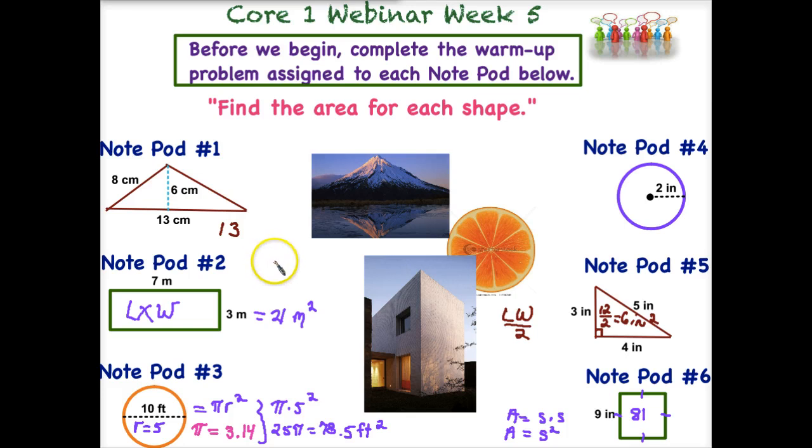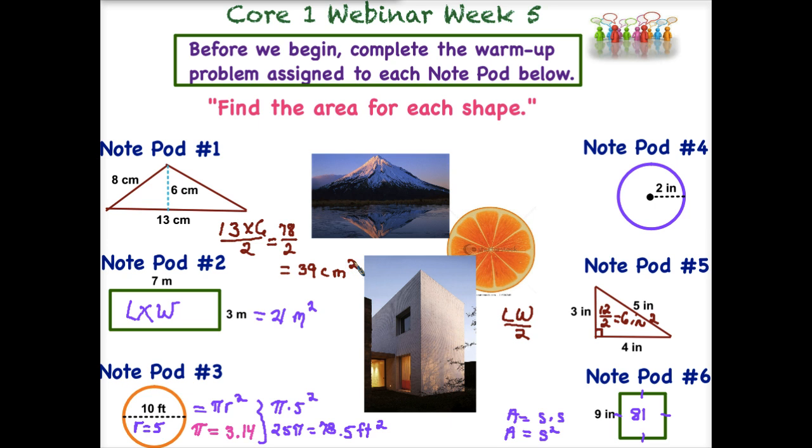Okay, so we would use 6, so we'll just finish this out. We would do 13 times 6, and then we would divide that by 2. So we would have 78 divided by 2, which would be 39 centimeters squared.